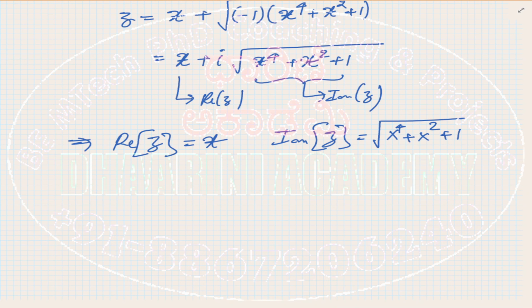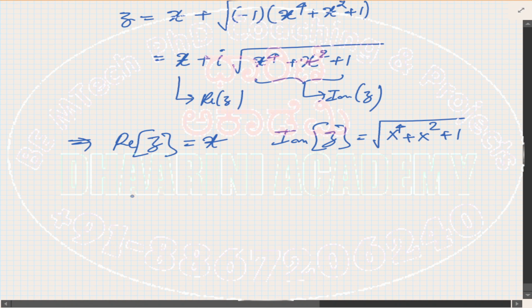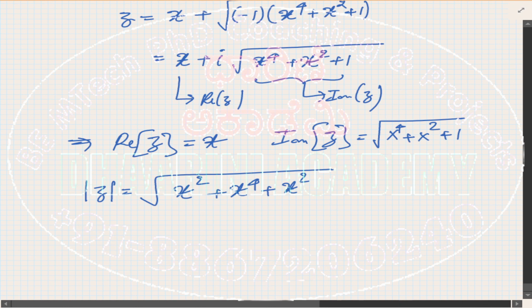Okay, now what is magnitude of z? Magnitude of z is equal to square root of real part squared, so that is x square. Okay, and square of the imaginary part, the root cancels, that's all. So this is plus x to the 4 plus x square plus 1.